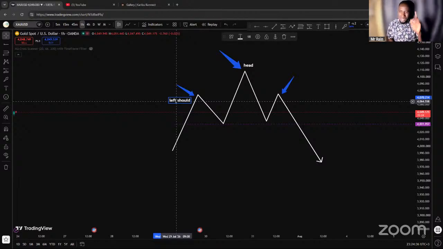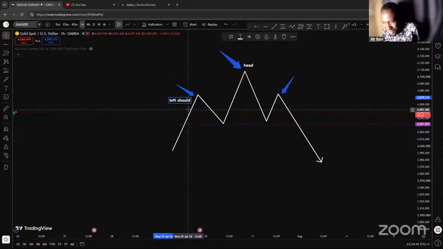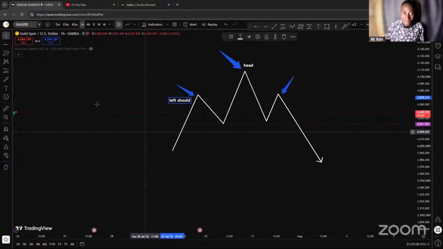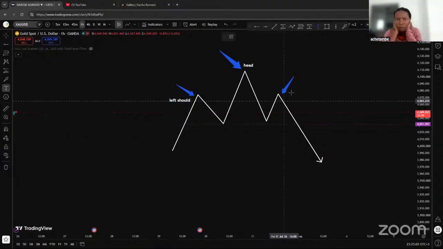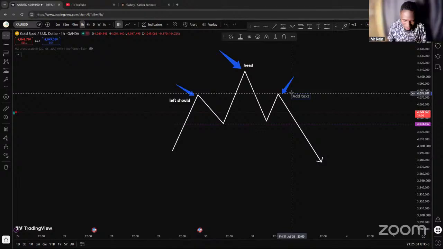I think the person who tried to find that pattern made that analogy from a human being: when you stand upright, the legs go down, and when you invert yourself, the legs go up. Now, this is the right shoulder.